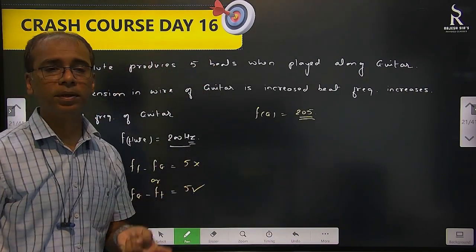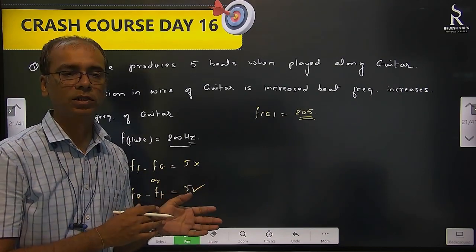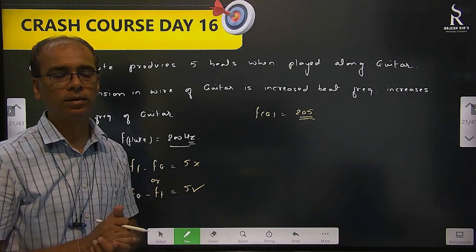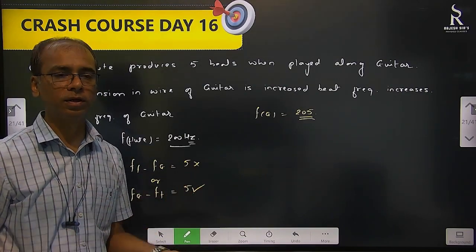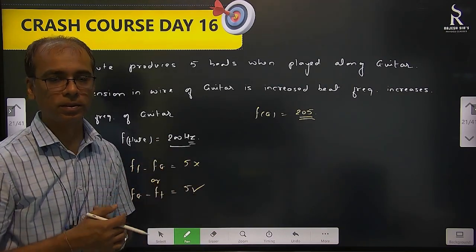Certain times they will compare two guitars. Two guitars are there. In one the frequency is 200 Hertz, another one is 210 Hertz. Both are of the same length. Fundamental frequency is being played, so n is 1, right? What they want is the ratio of the frequencies.